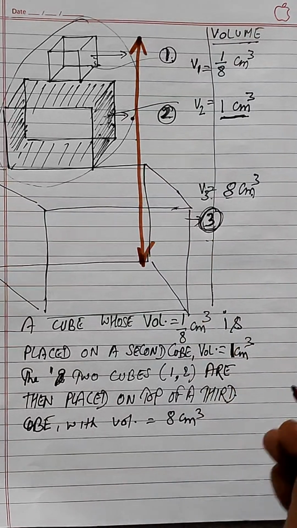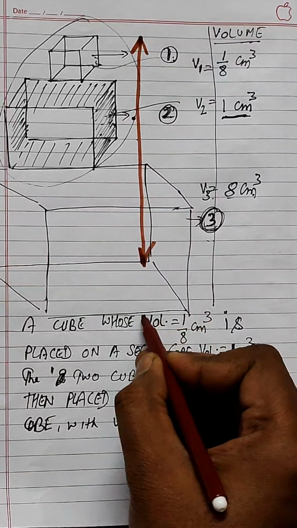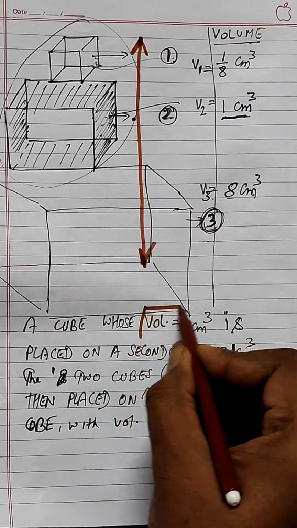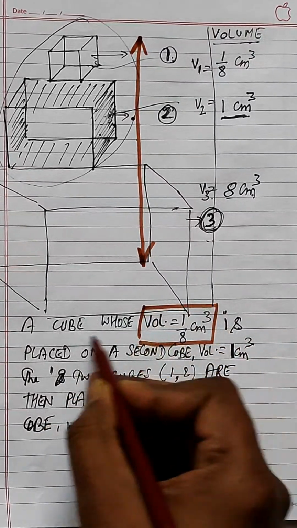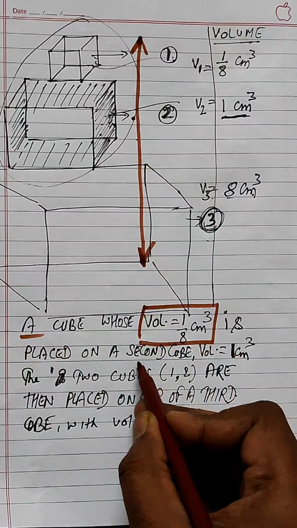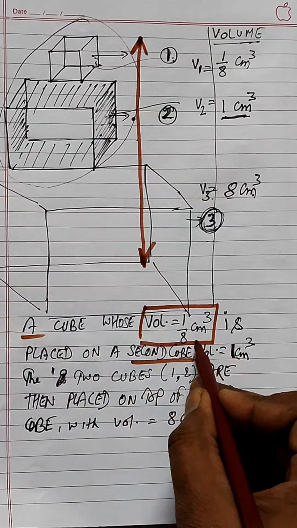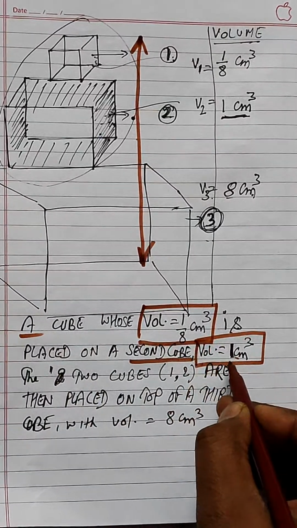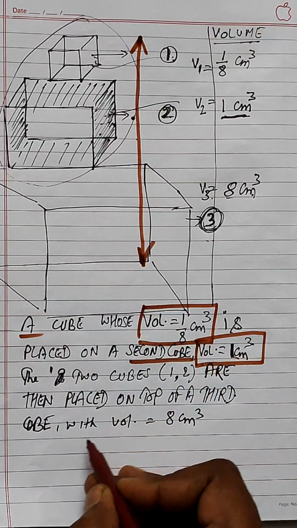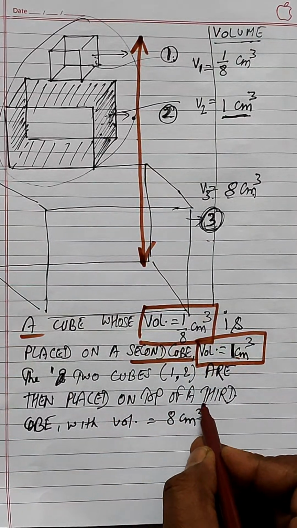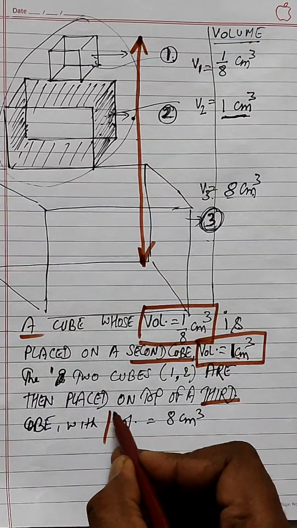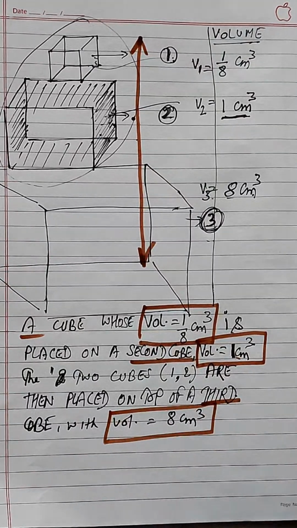So we have 3 volumes. This is 1 by 8 for the first cube. On the second cube, 1 centimeter cube, right? And the third cube, this is the third cube with volume 8 centimeter cube, right?